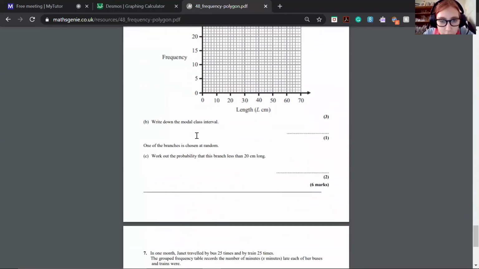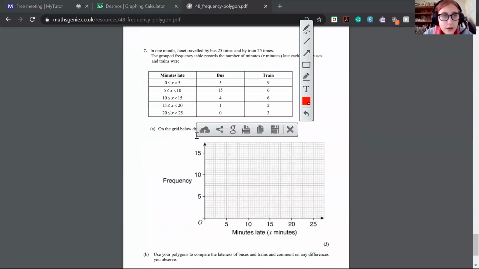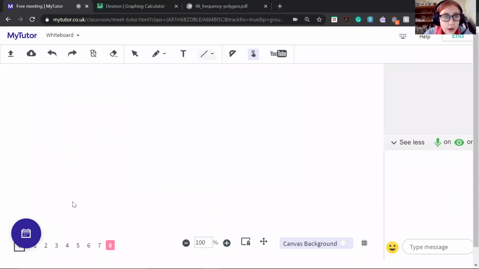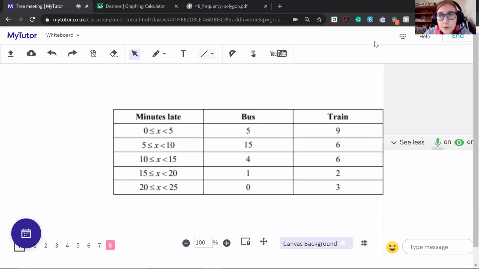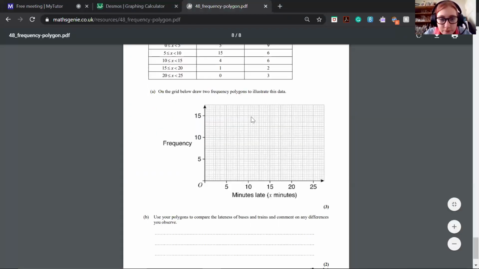So I'm sure there's one somewhere, yes, where we can actually compare two different things on the same graph, because we draw two different frequency polygons and have a look. Just like when we were doing box plots yesterday, we could compare the different box plots and tell different information about them. So let me get the graph and pop this on here.